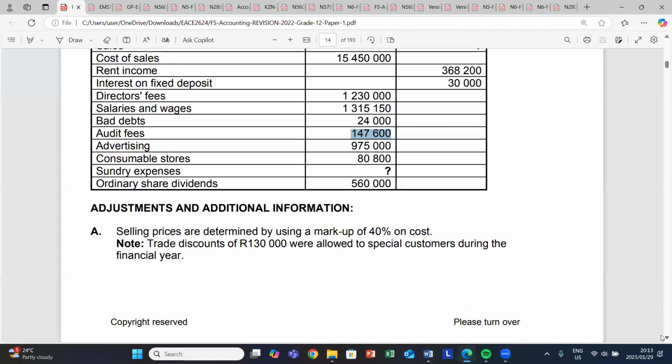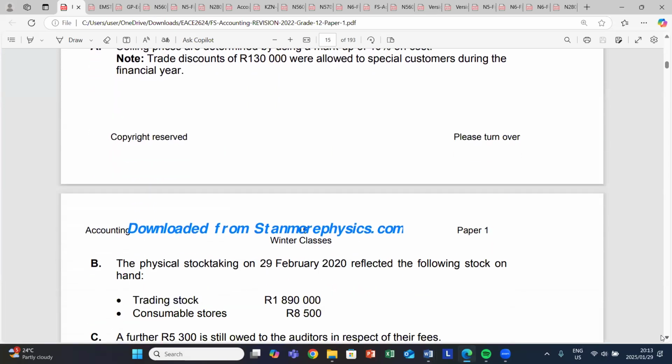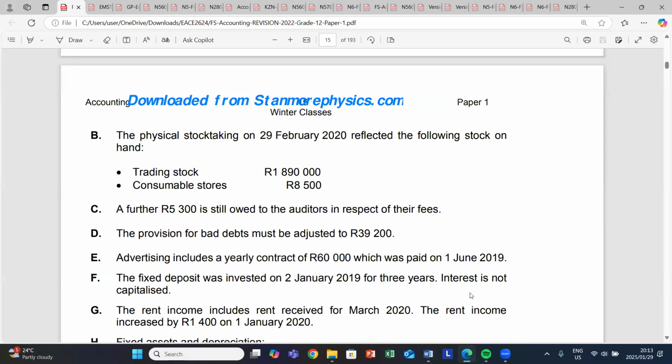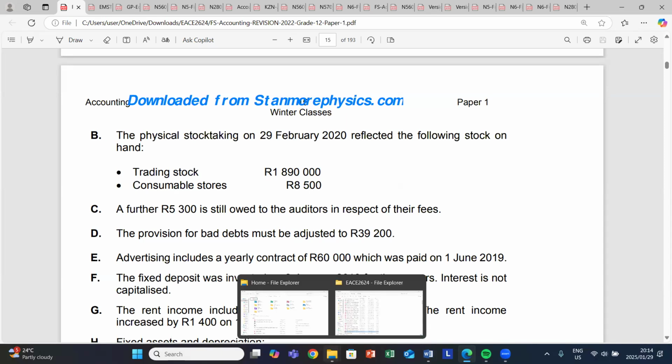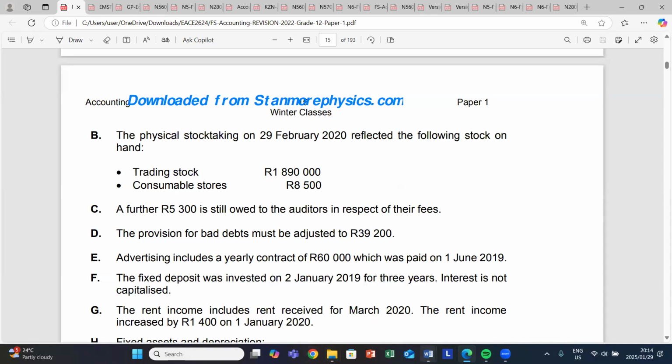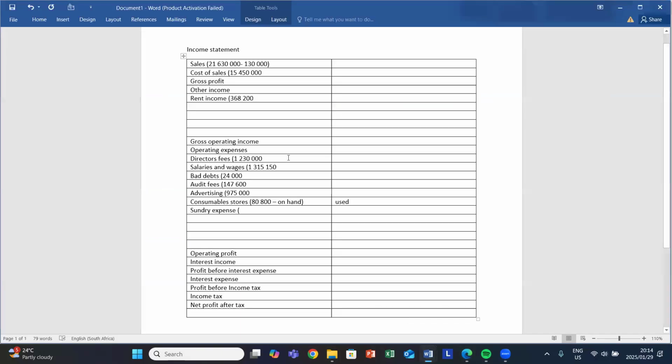Let's go to our next transaction. The physical stock taking on the 29th of February reflected the following on hand: trading stock on hand and consumable stores on hand. Let's start with consumable stores on hand. We minus the one on the trial balance with this 8,500. For consumable stores, we always minus the one that is on hand.